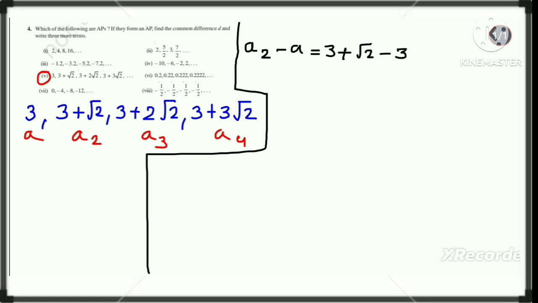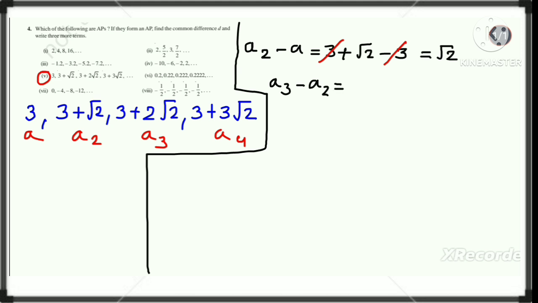So this minus 3 and this plus 3 can be cancelled out, and here remains root over 2. Again, let's find the difference between a3 and a2.